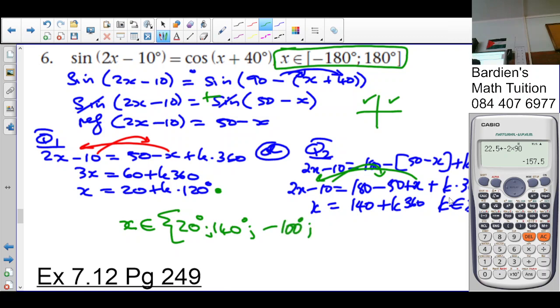If we put negative 2 in, I'm going to get negative 220, which is outside again. Can you see that, people? It must be within the stipulated values that range for the domain.